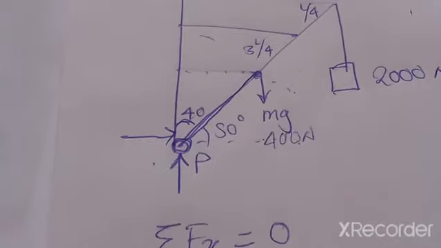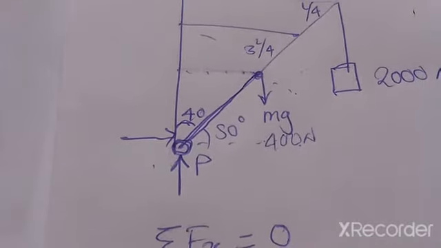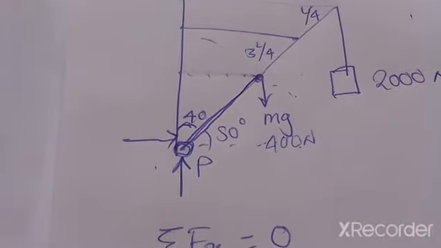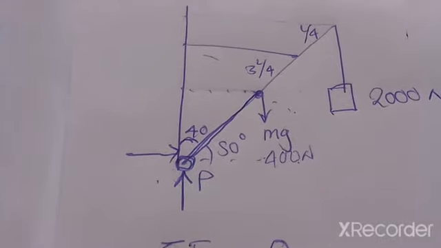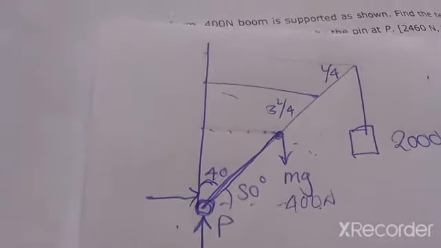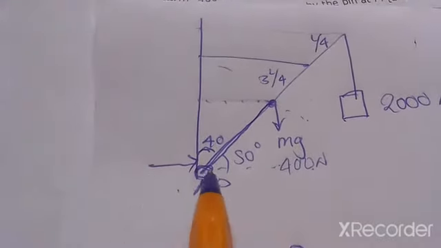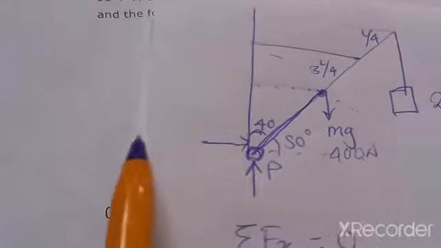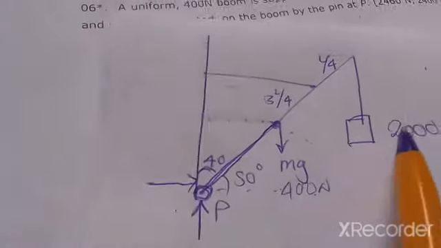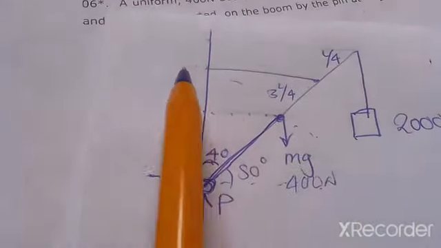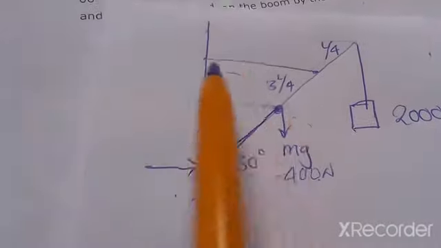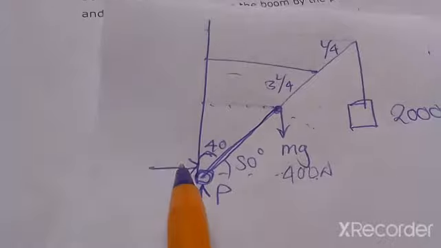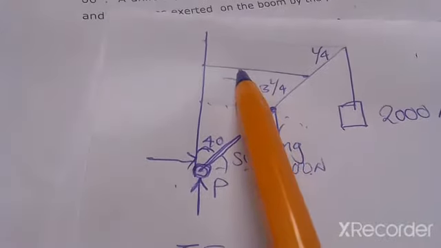So for the forces, if you look at it, in the x-axis we've got two forces. We've got the force with reference to P, which is coming from the support, and then there's the force which is with reference to the rope. So that's the tension. So we've got two forces in the x-axis, this one here and this one here.